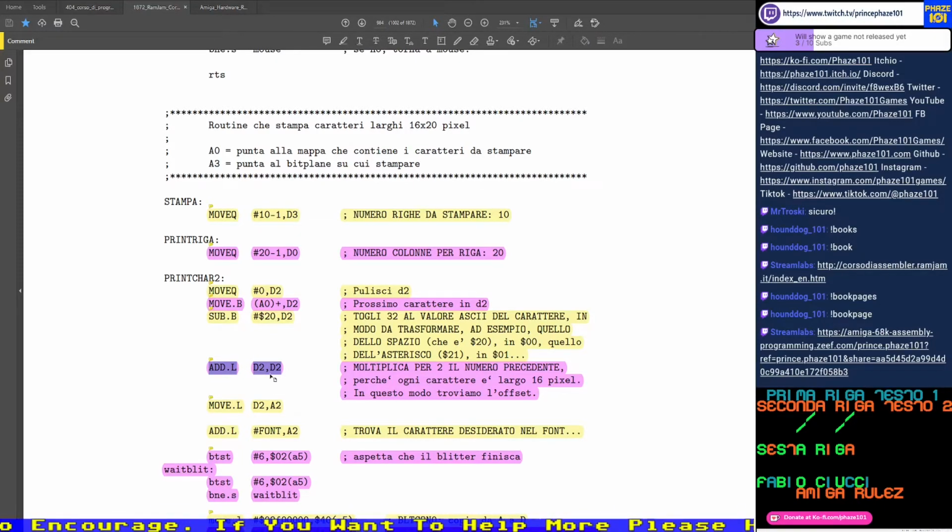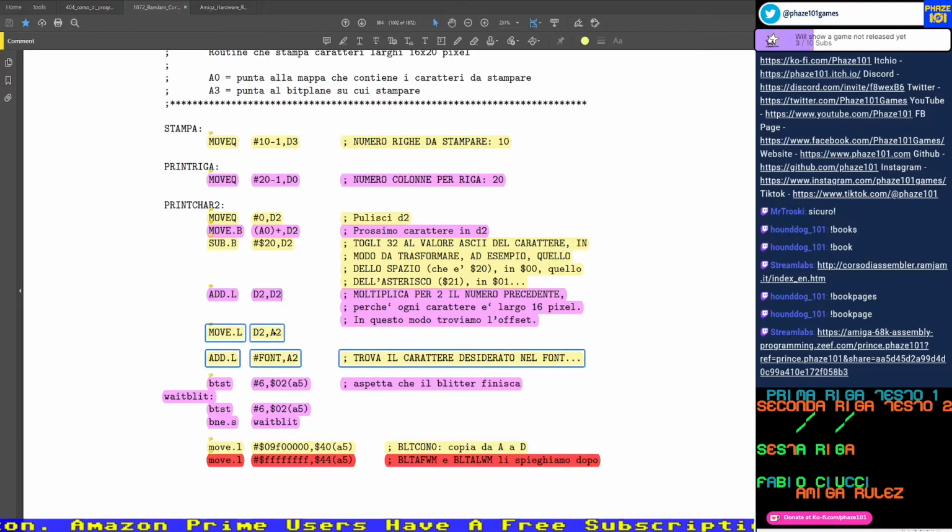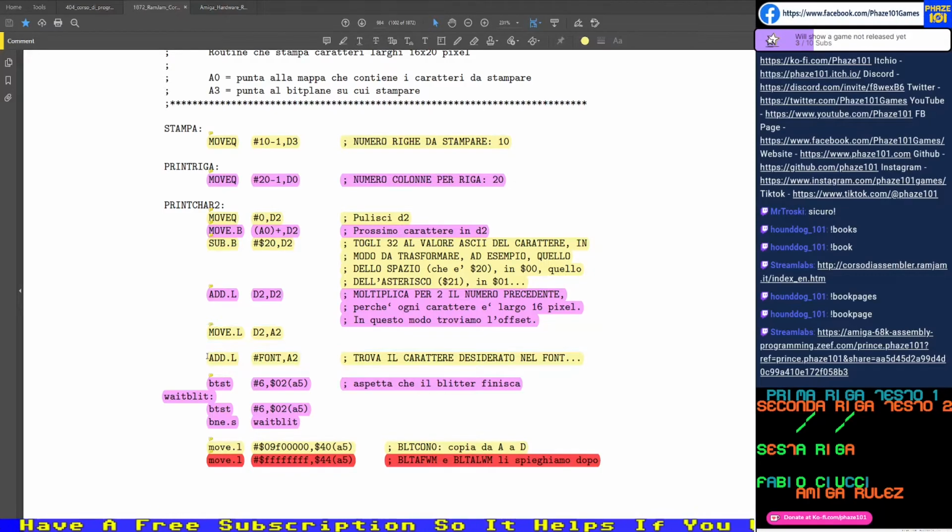So 10 plus 10 is 20, but you can also do 10 times 2 and it's still 20. So that's what he did there. We move that value into address A2, and then we add the font base where the font starts, and like that we know the start address of the character that we want to print.